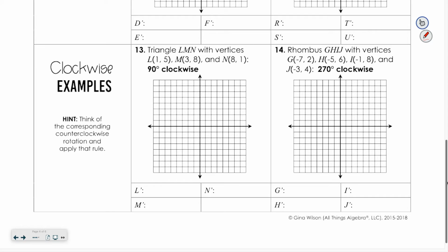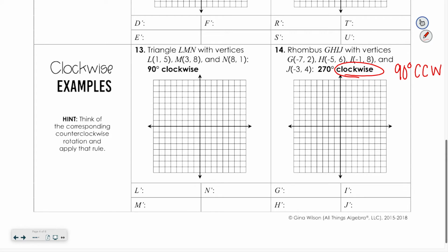So I've got to be aware because what does that say? Do I have a rule for clockwise? Not yet. So what should I do? Make one. You need to make 90 degrees counterclockwise. So I need to use the rule for 90 degrees counterclockwise. So you've got to read what it's saying and think, oh wait, that's clockwise.